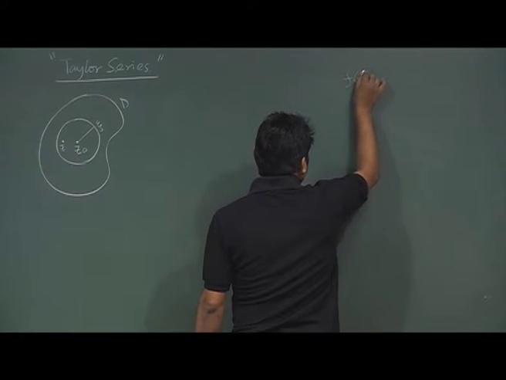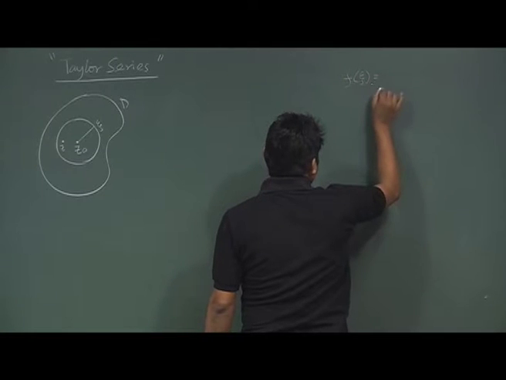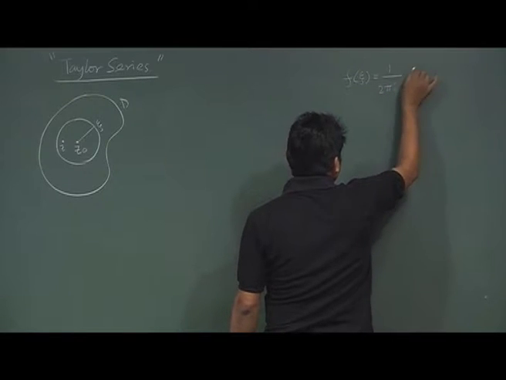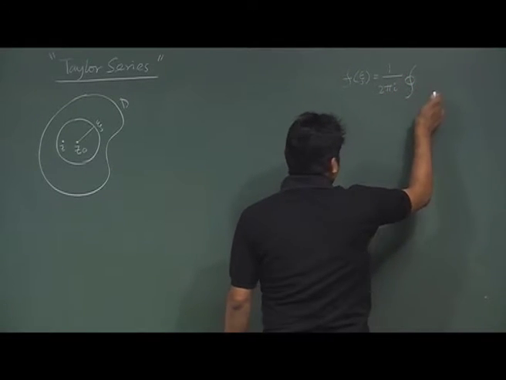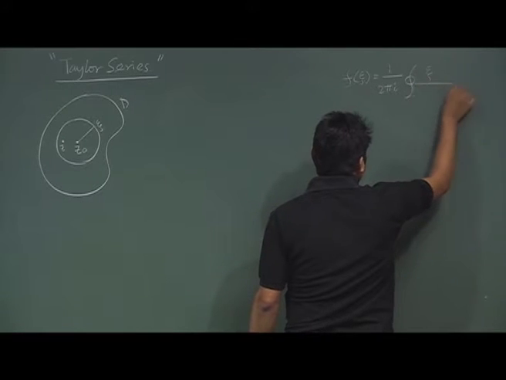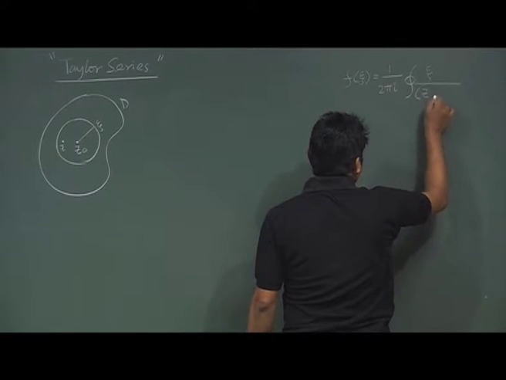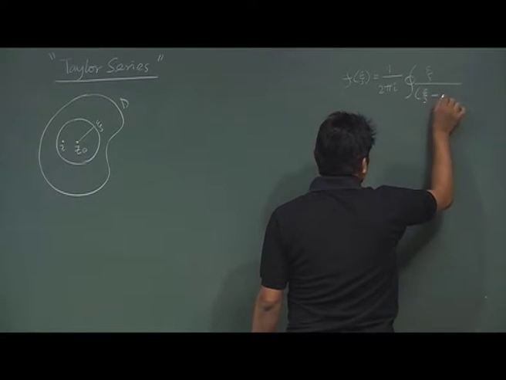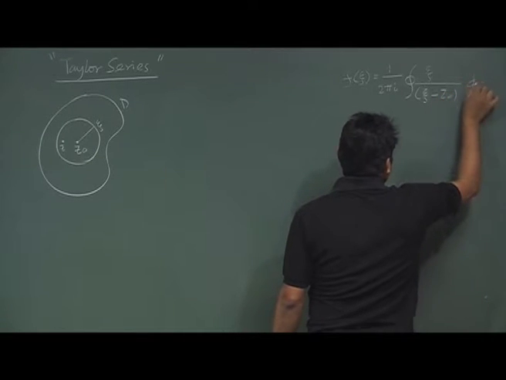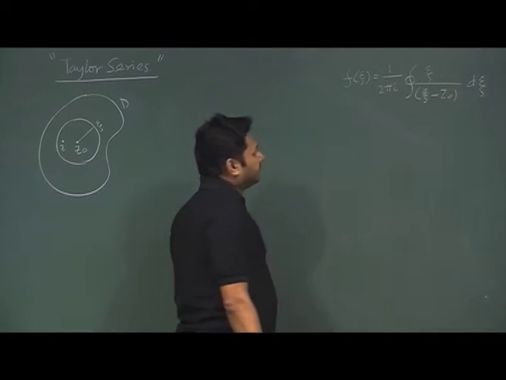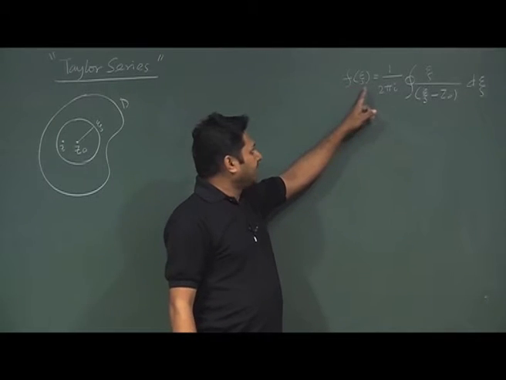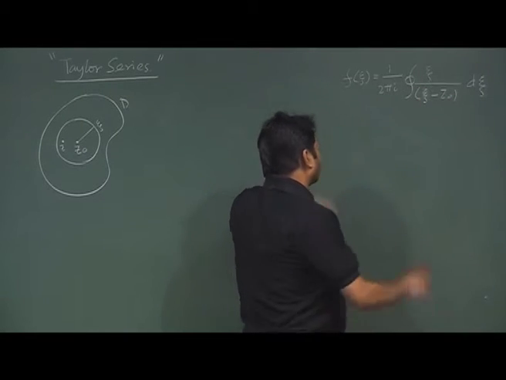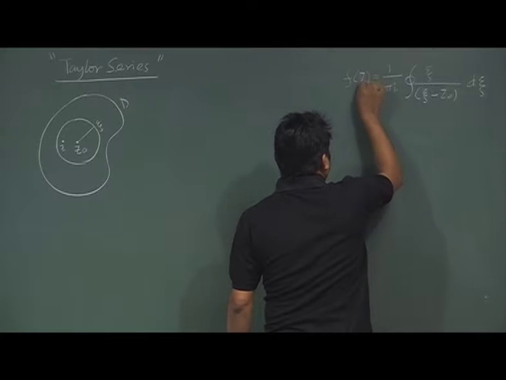The Cauchy's integral formula suggests this: 1 by 2 pi i, integral of f(xi) divided by xi minus z, where xi is the variable here. I should write this at z.